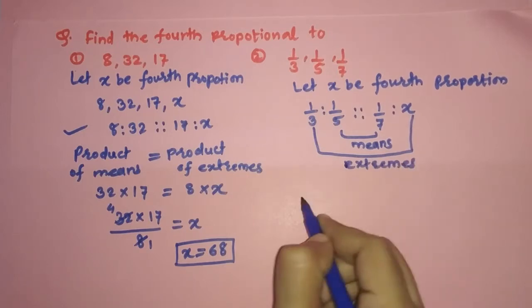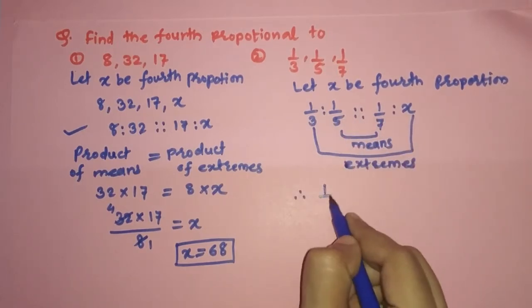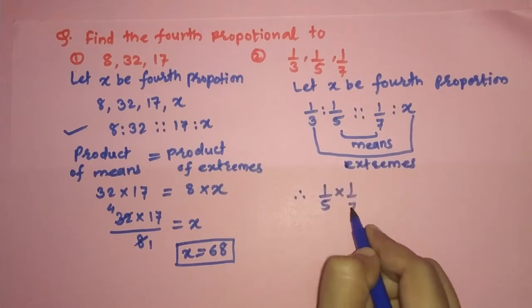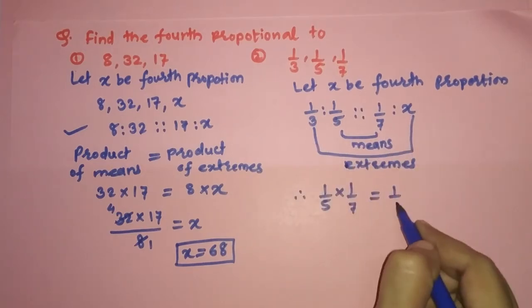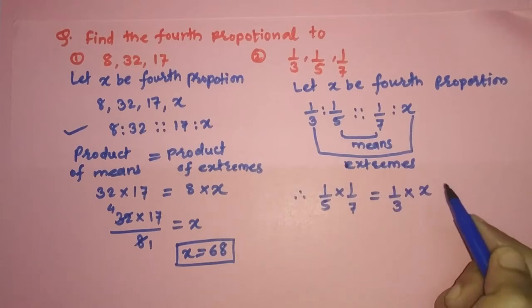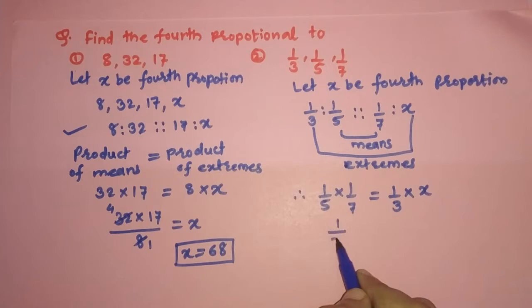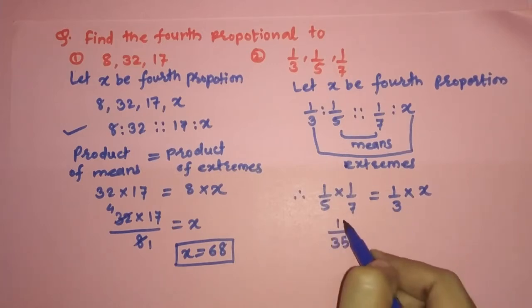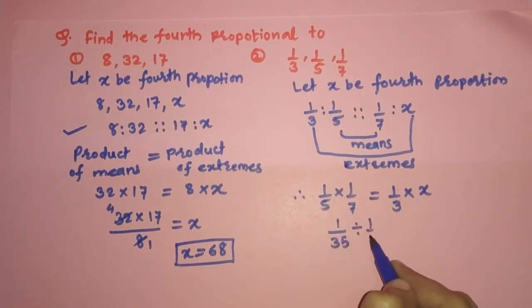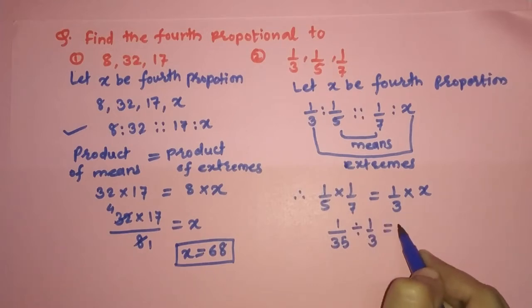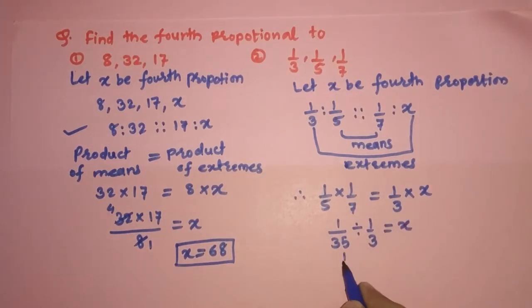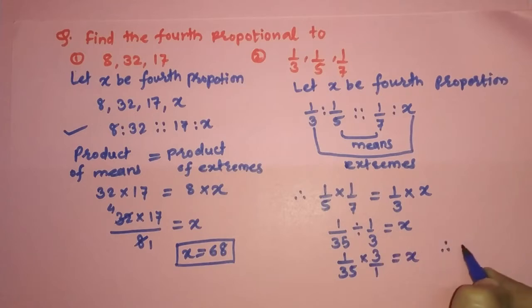So friends, we'll write their product, 1 by 5 multiplied by 1 by 7, which is equal to 1 by 3 multiplied by x. So just take this side's product. Here we'll get 1 upon 35, and the 1 by 3 will come into division on this side, which is equal to x. Now for fraction division, we know that it becomes 3 by 1. So friends, the x value we get is 3 upon 35.